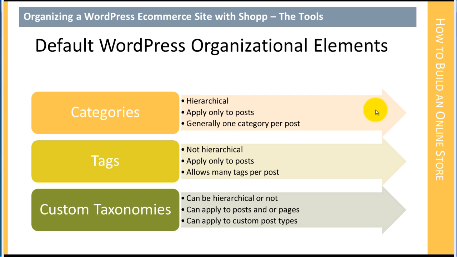And so custom taxonomies can be either hierarchical or not. They can apply to posts or pages, and they can also apply to custom post types. So you can have a custom taxonomy that applies to posts, pages, and a custom post type.